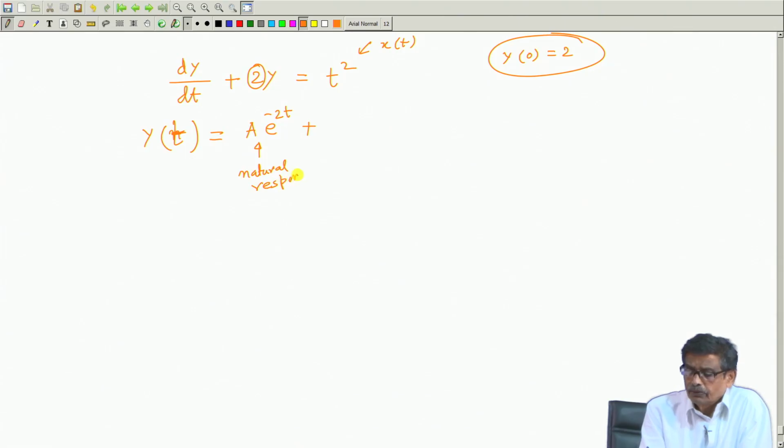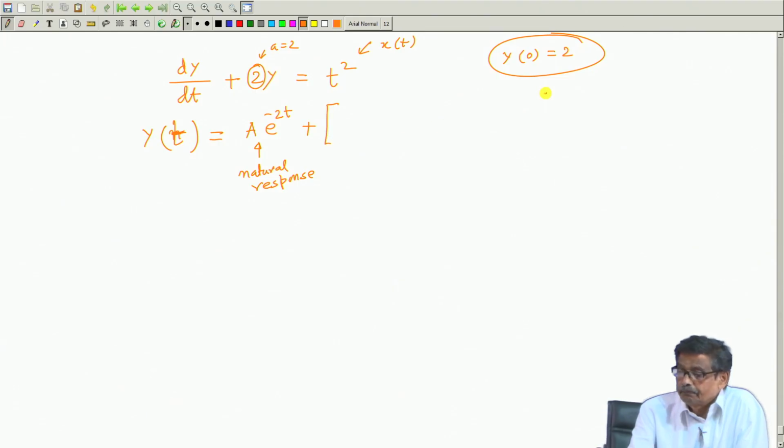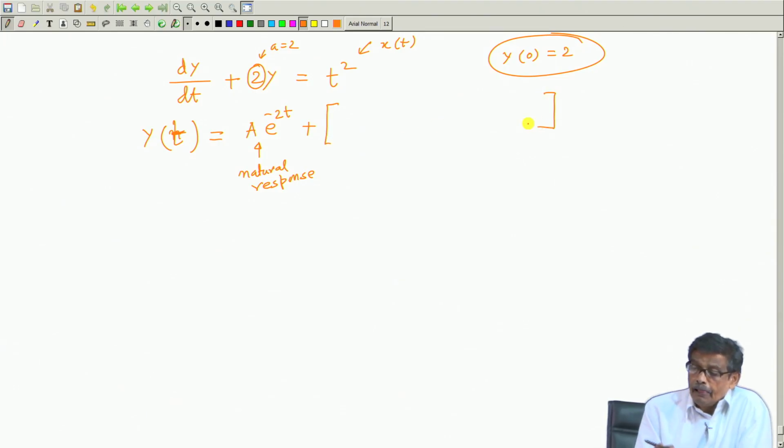Straight away, with no further thinking, I write a e to the power minus 2t, with the value of A equal to 2 in this particular case. This term is the natural response. Then plus the solution due to the forcing function, which I am putting in a bracket. That solution I know.